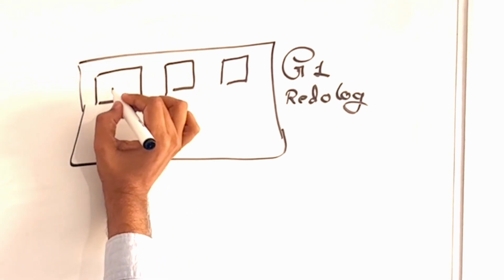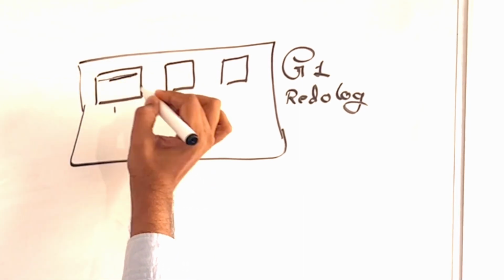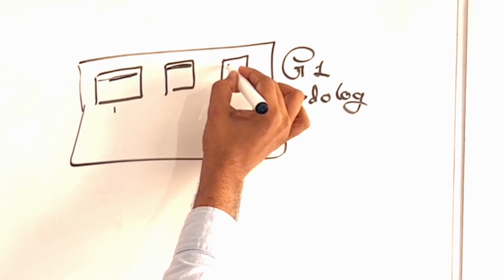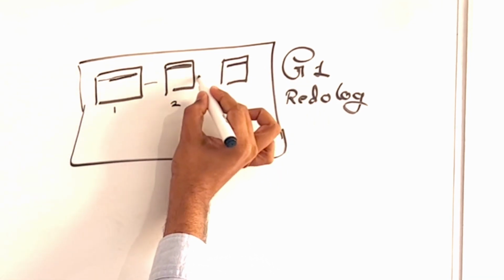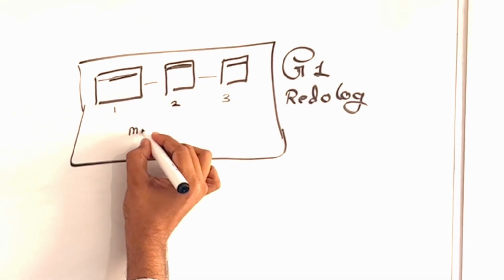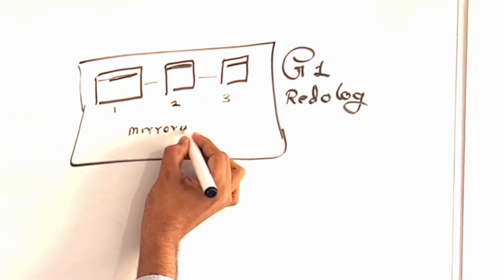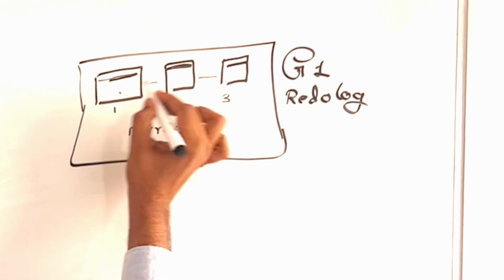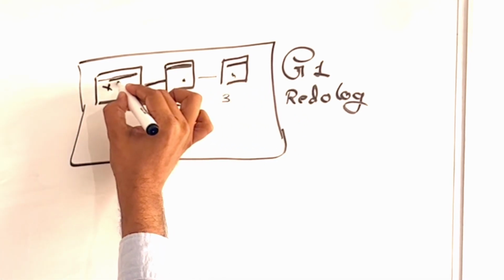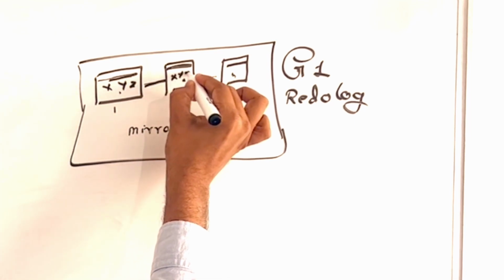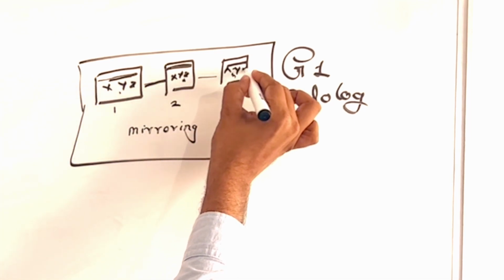The data is written on 1, the same data is written on 2 and the same data is written on 3. That means there is a mirroring going on. This is original, this is copy, this is copy. So any data written on this is written on this and also written on this.